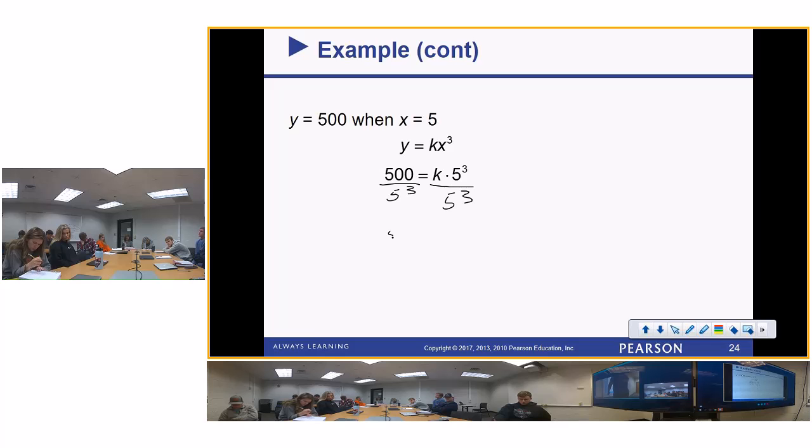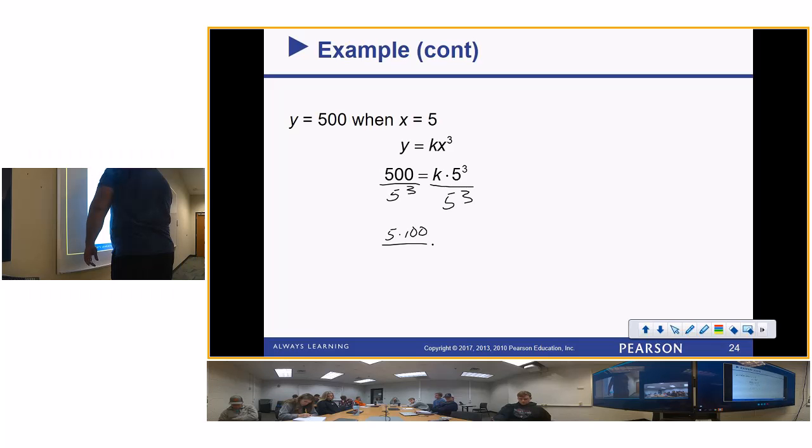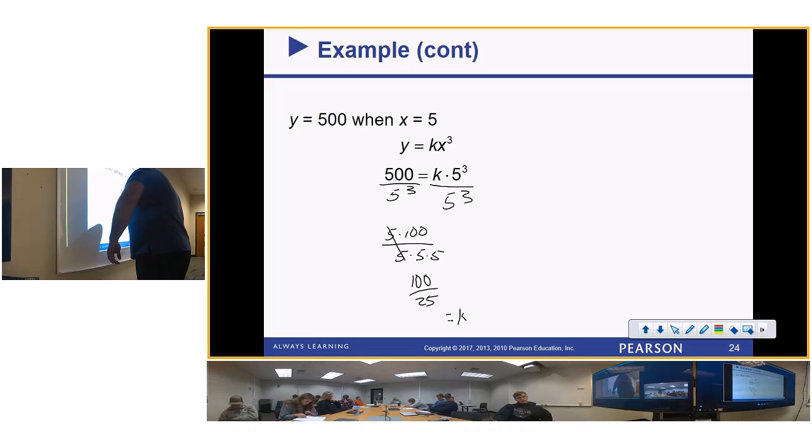That's 5 times 100 over 5 times 5 times 5. So that's going to be 4. 100 divided by 25 is equal to 4. So K is equal to what?